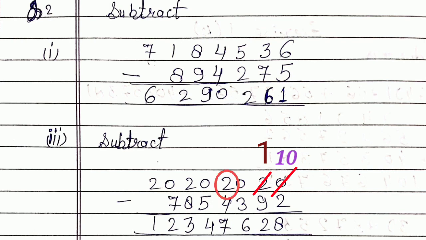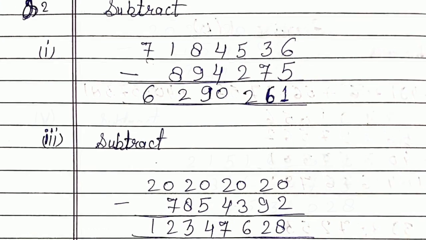So 2 will give 1 to the right, now it will become 10. Now when again it will give 1 to the right side, it becomes 9, and this will become 11. So from 11 we can easily subtract 9 and the answer will come 2. So now this whole procedure we will continue, and we will solve like this.